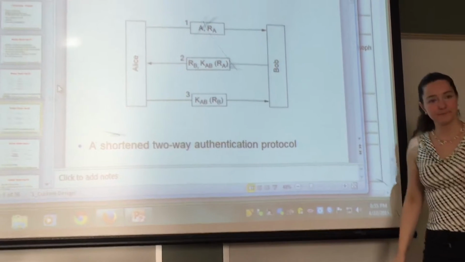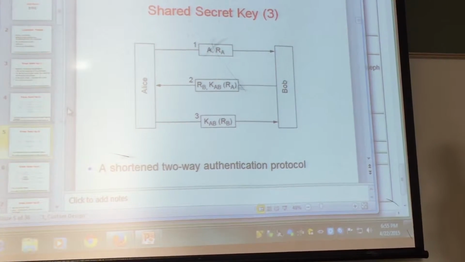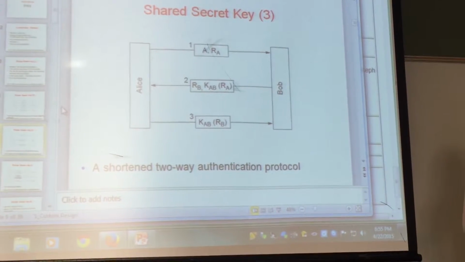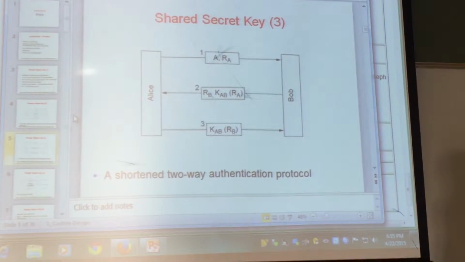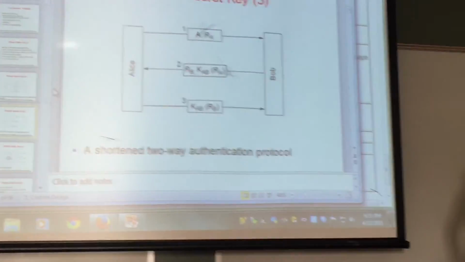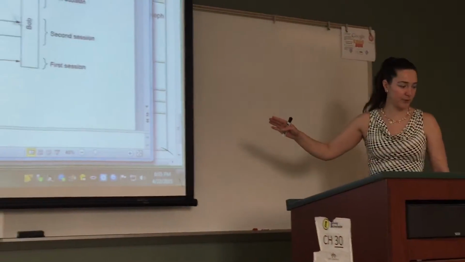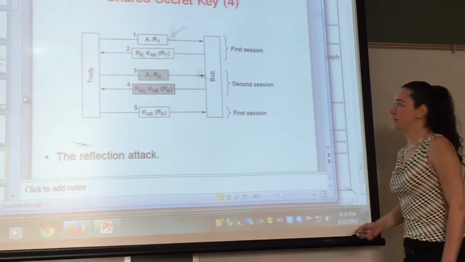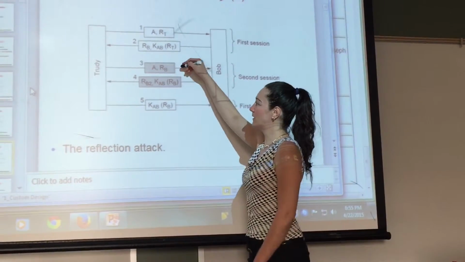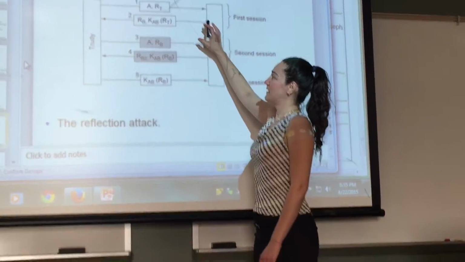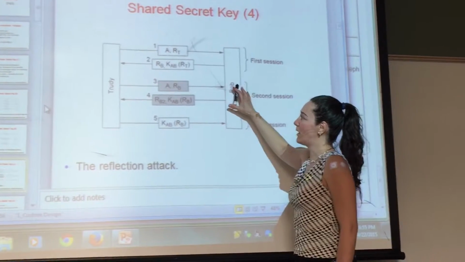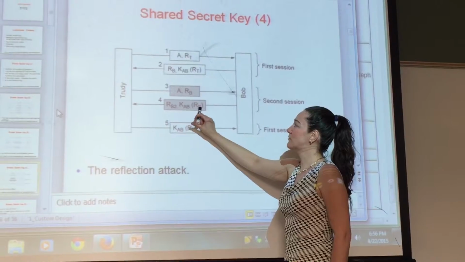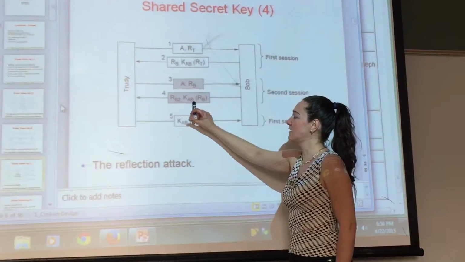Well, if you have more than one session, you can use that to get the answer. You make them get their own answer back. Okay, so excellent. So what he's saying is that this is a single session of communication between Alice and Bob, but Trudy can open a second session, and in the second session, Bob will send to her the answer because he would encrypt his challenge with the key.